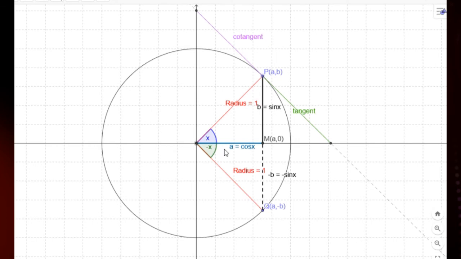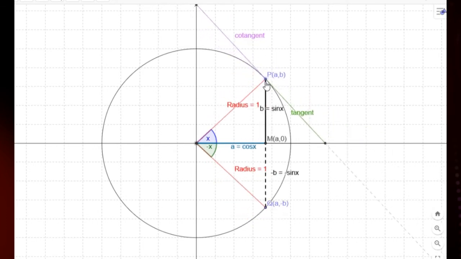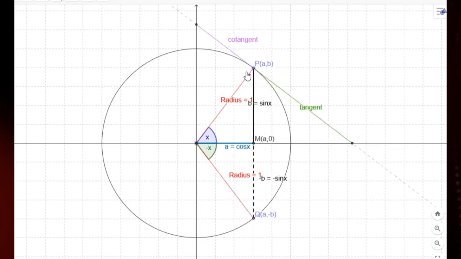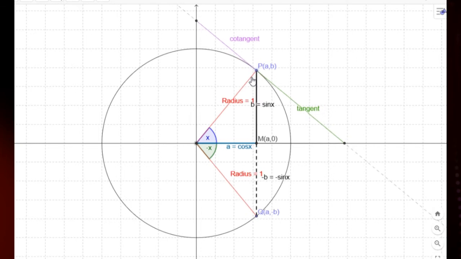And we can check it by changing the coordinates a and b also. If I keep on changing these coordinates of a and b, you can observe that b will be converted into minus b and a will remain as it is. So the length of PM will be equal to MQ.